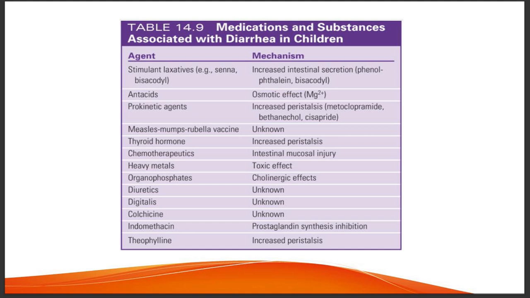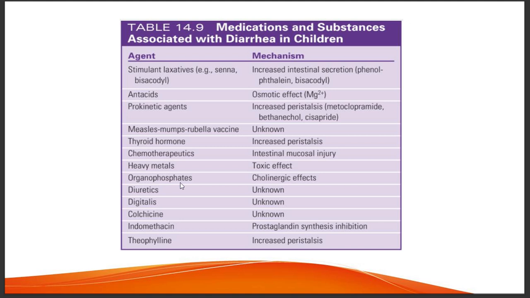They're also used in the treatment of constipation, like metoclopramide, bethanechol, cisapride, and also the measles, mumps, rubella vaccine. So this vaccine is also associated with causing diarrhea, though the explanation is not really clear. Right? Thyroid hormones can cause diarrhea, chemotherapy, heavy metals, organophosphates.